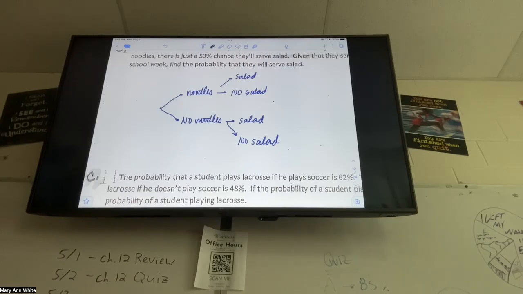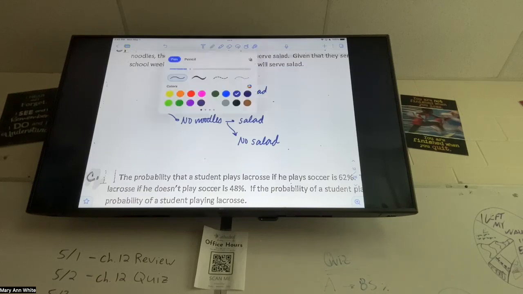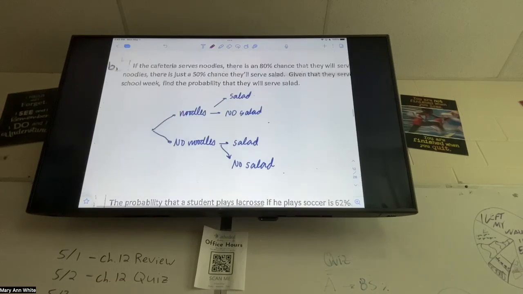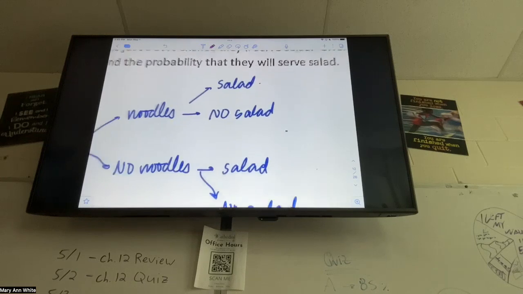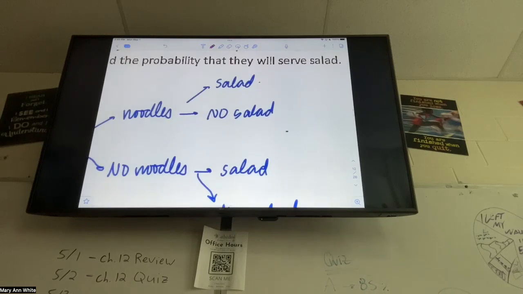All right, now it's up to us to figure out what our percentages are. The very first sentence of the whole problem said, if they serve noodles, then there's an 80% chance they'll serve salad. So that means I go up, follow my path through noodles, and then go to salad, and that's 0.8. So then what's the probability we will have noodles but no salad? 0.2, very good.